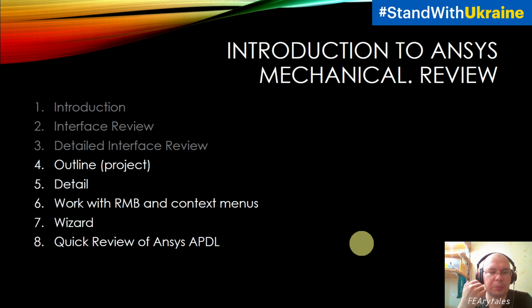Also, we will talk about working with the right mouse button and context menu, because this context menu is also an interface, and the context depends on what you select, where you select it, and so on.